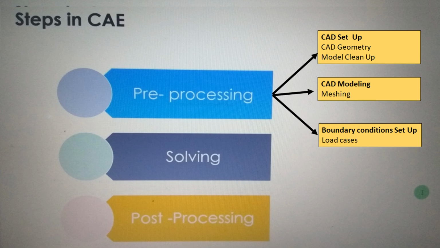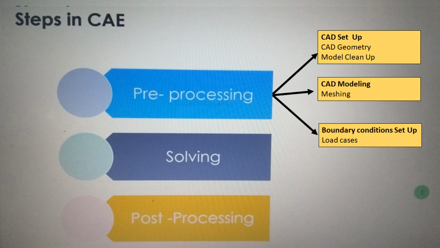These defects might or might not contribute to your result. So if your product is very good, but because of this basic defect it is not able to perform, then the entire cycle we did on the product is a waste of time. So this model has to be cleaned up, and then we go to the CAD modeling.